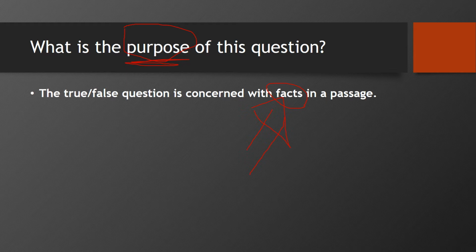So IELTS wants to see if you know how to identify a fact in a passage. Now I want to help you with strategies and tips that will help you find the facts in a passage. Let's see.